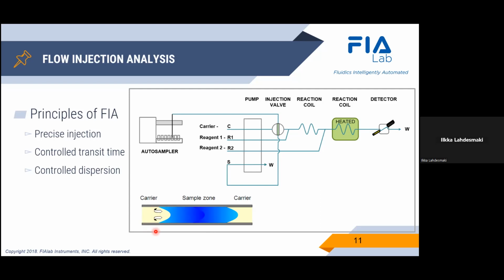The degree of this dilution and the process of this dilution from the edges is called dispersion. And it's important that the FIA instrument, and specifically its fluidic manifold, is well designed so that this dispersion process that the sample experiences remains the same from one sample to another.